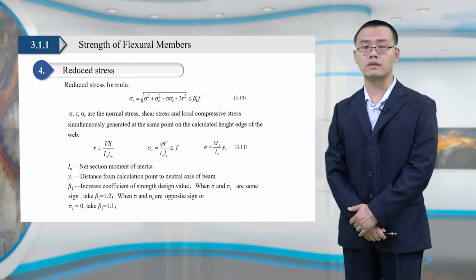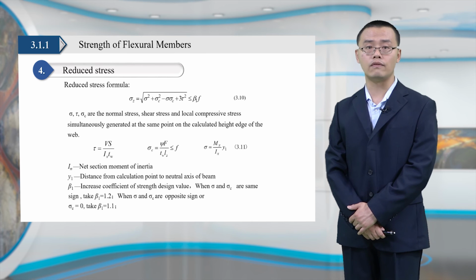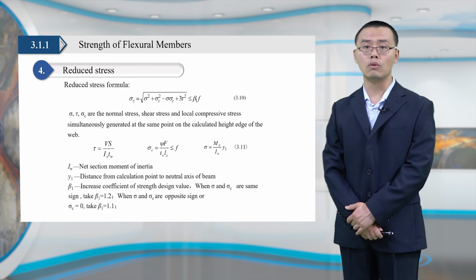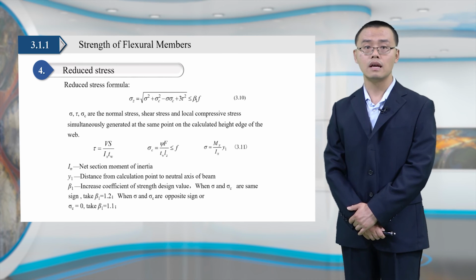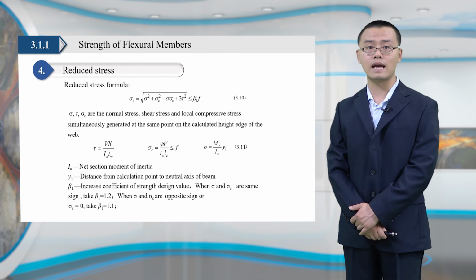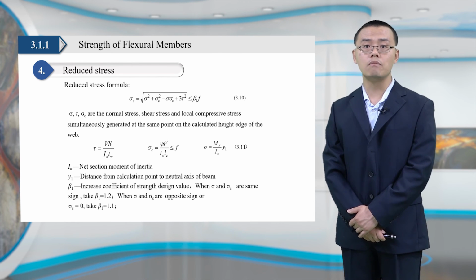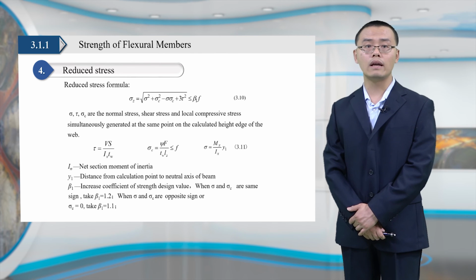So, the reduced stress is expressed as formula 3.10. Sigma, tau, and sigma c are the normal stress, shear stress, and local compressive stress simultaneously generated at the same point on the calculated height edge of the web. They are expressed as formula 3.11. In is the net section moment of inertia.